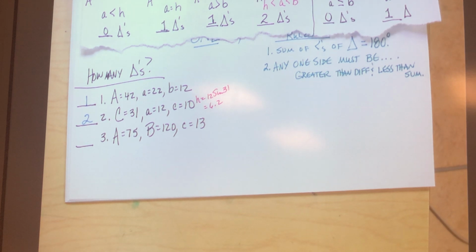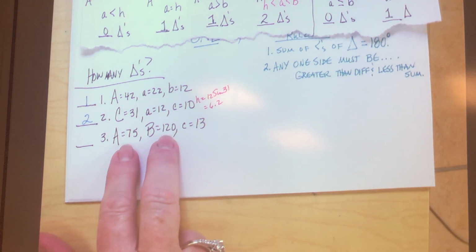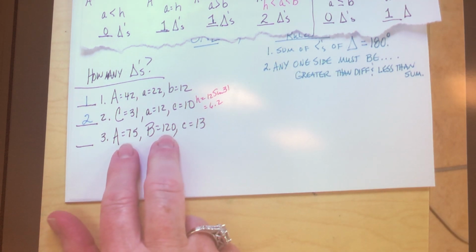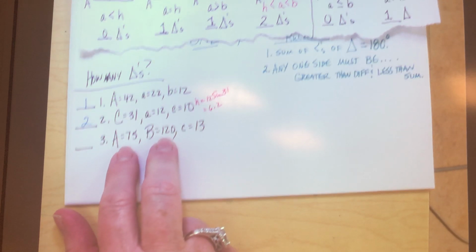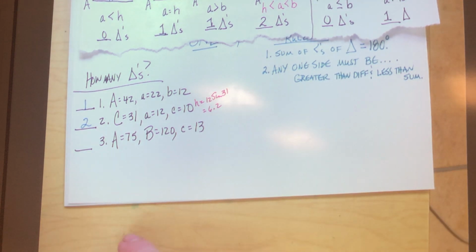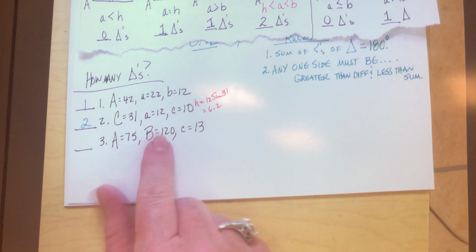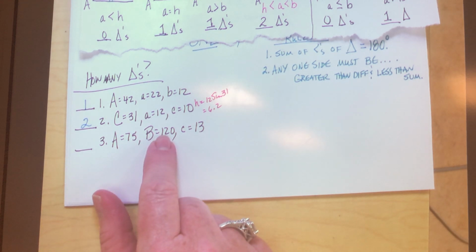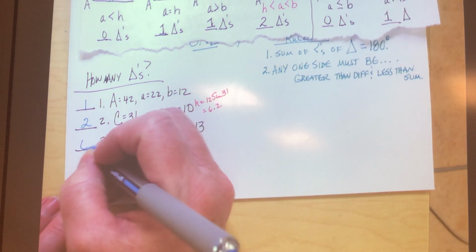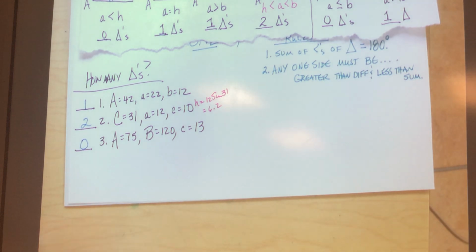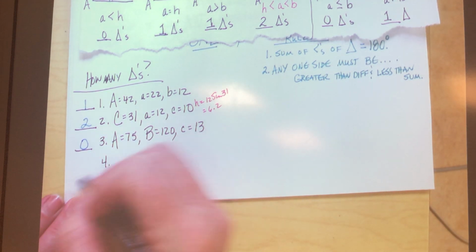Why? Because it doesn't follow all the rules. Yeah, y'all, he already busted. I only gave you 2 angles, and he's at 195. I'm pretty sure that's more than 180. So he already busted right here. So, how many triangles do I make? 0.